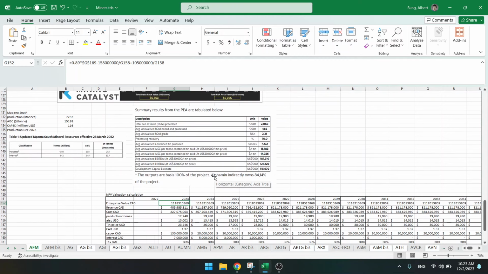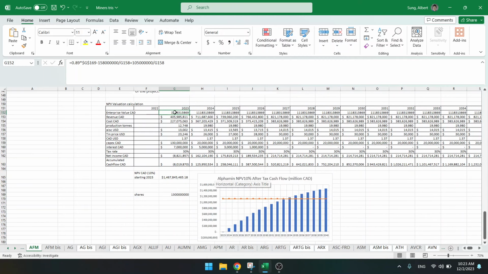I think there's a mistake in here. Yeah, this is in CAD, US dollars. Net income is revenue minus. Okay, so CAD. Yeah, this definitely needs to be CAD.